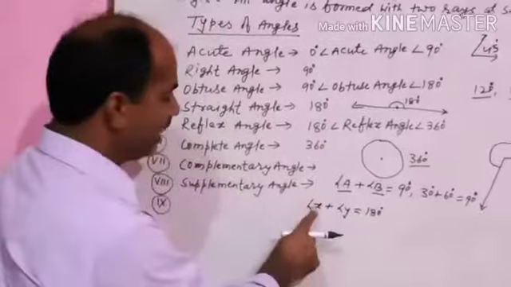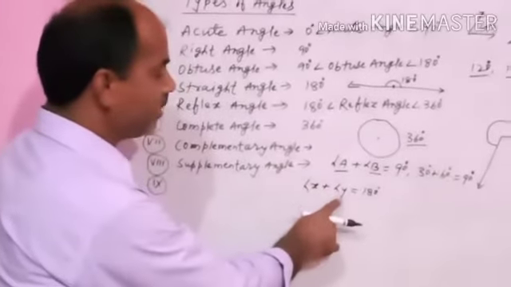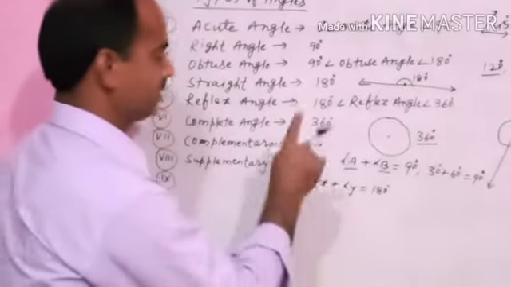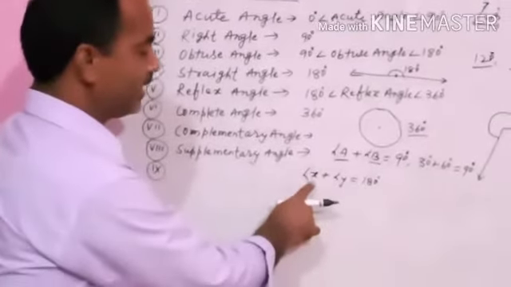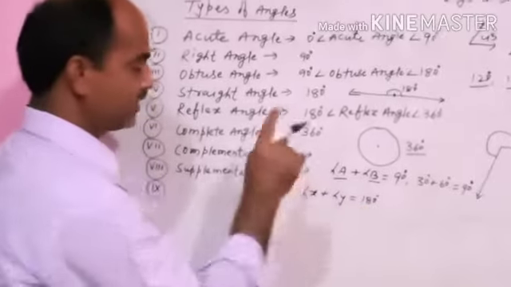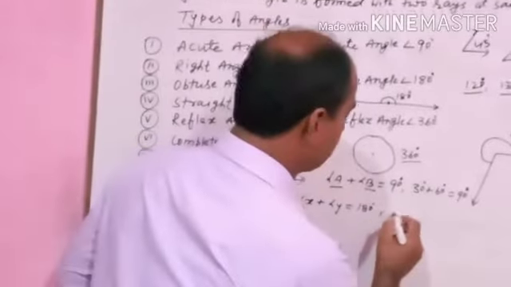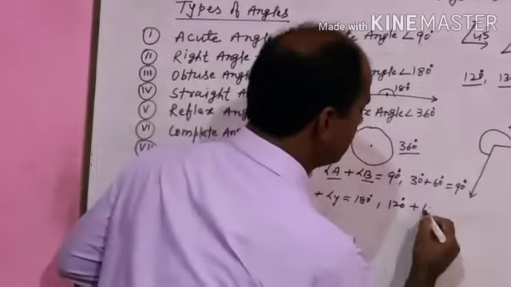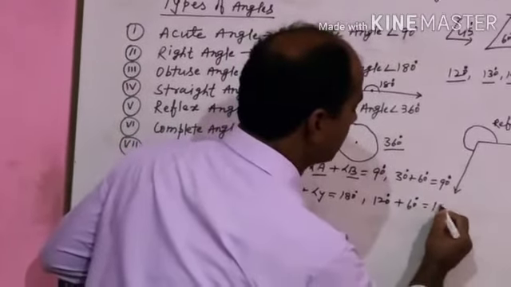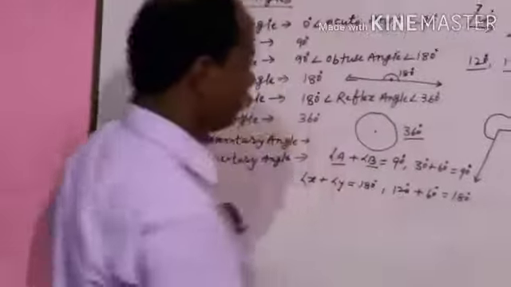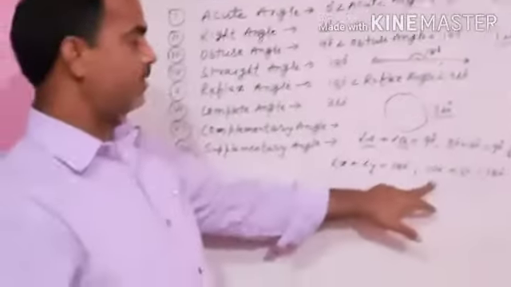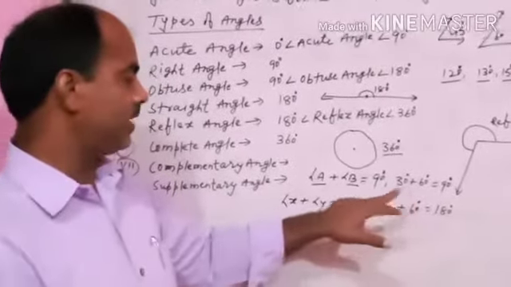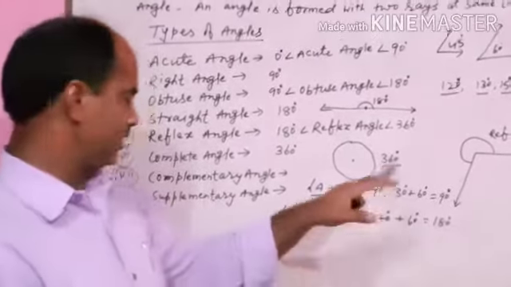So students, angle X is supplementary of angle Y, and angle Y is supplementary of angle X, because here angle X plus angle Y is equal to 180 degree. And another example students, 120 degree plus 60 degree equal to 180 degree. Here 120 is the supplementary of 60 degree and 60 degree is the supplementary of 120 degree.